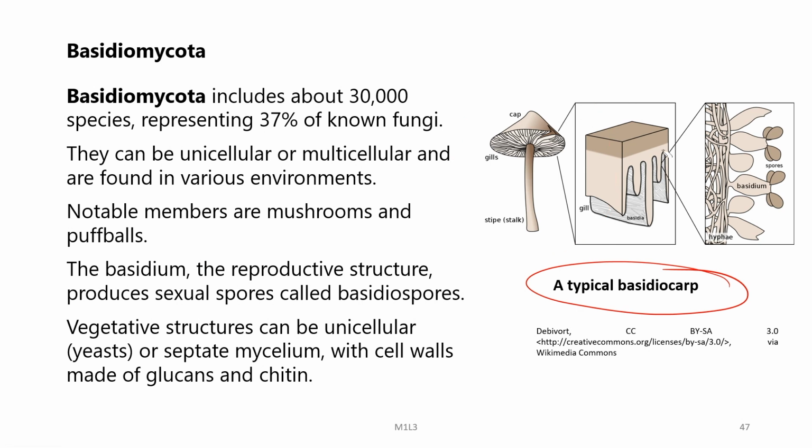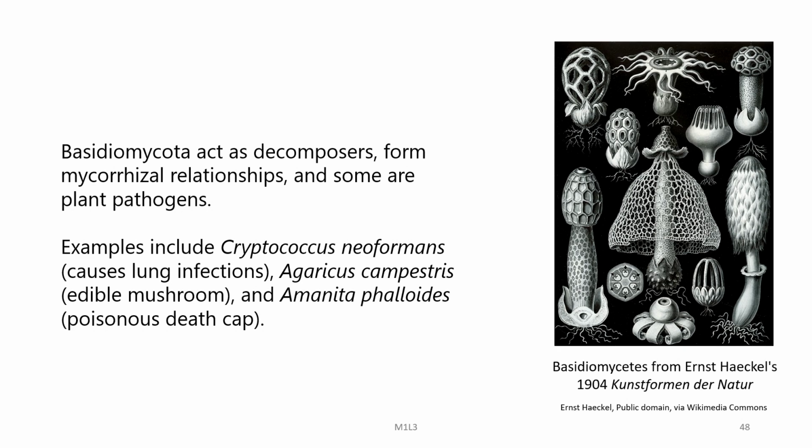The basidium, the reproductive structure, produces sexual spores called basidiospores. Vegetative structures can be unicellular or septate mycelium with cell walls made of glucans and chitin. Basidiomycota act as decomposers, form mycorrhizal relationships, and some are plant pathogens as well.